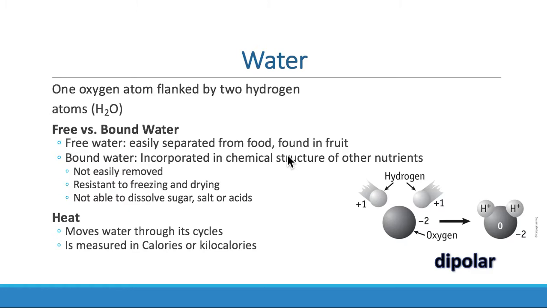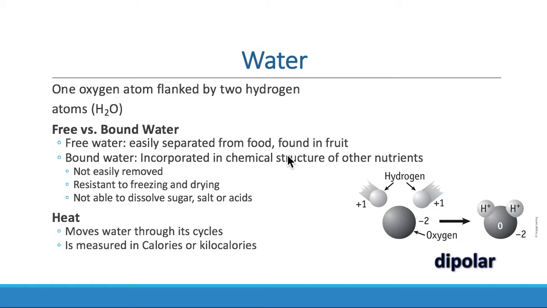Water is a very small molecule consisting of just 3 atoms. So it has one oxygen atom with a -2 charge, which is then flanked by 2 hydrogen atoms, each with a positive charge. So overall, water has a neutral charge. It's neutral because it has those 2 hydrogen atoms, each with that positive charge, and that one oxygen atom with the 2 negative charge. So these atoms balance each other out, making it neutral.